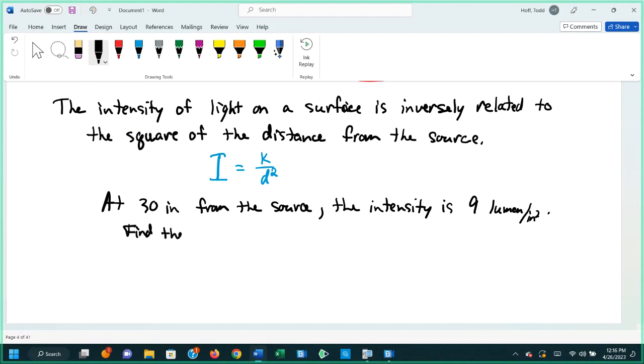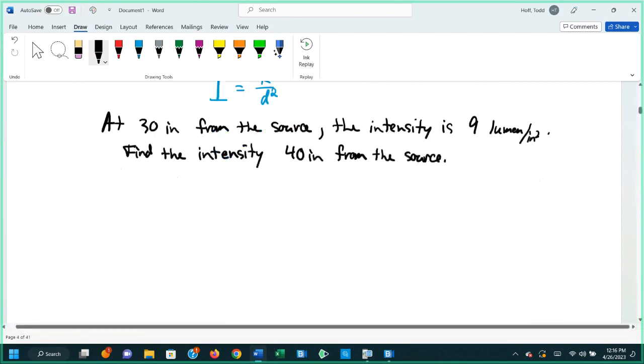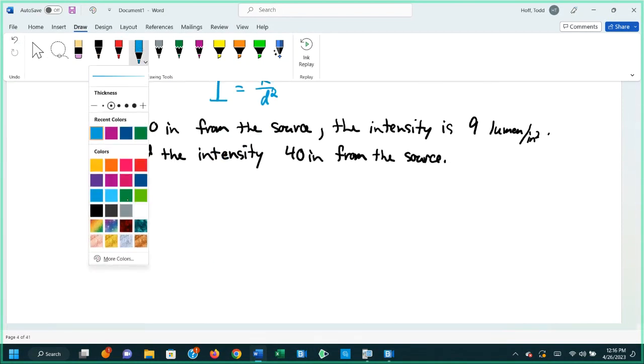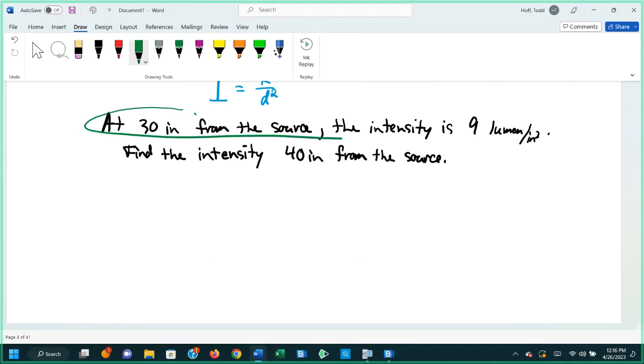Find the intensity 40 inches from the source. So we have that known condition here. 30 inches from the source, the intensity is 9 lumens.